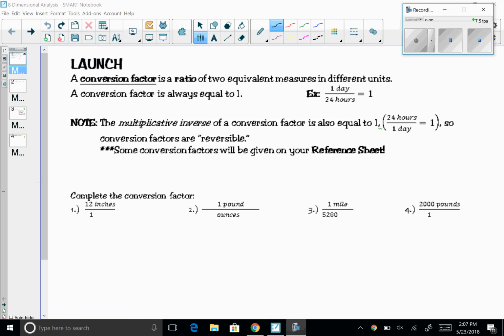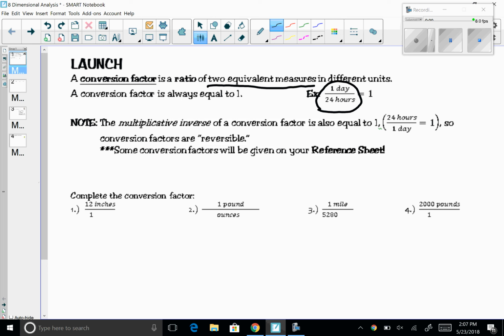Now that you are looking in the correct place in your green book, we're going to talk about what a conversion factor is. A conversion factor is just a ratio of two equivalent measures in different units. The most common example is one with 1 day being equivalent to 24 hours.